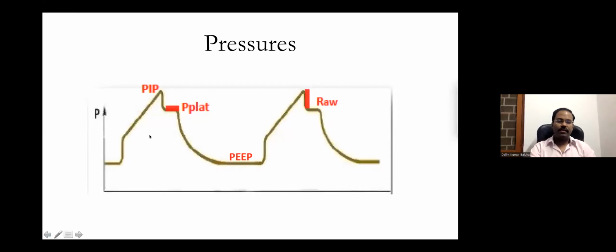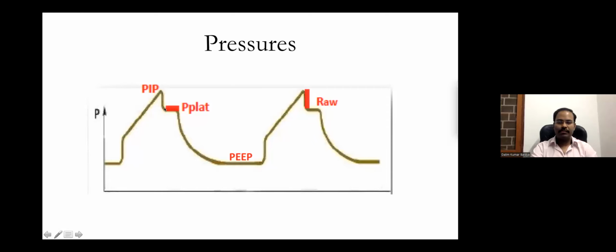So let us start with this graph. This is a very important scalar: pressure on the y-axis and time on the x-axis. This is a pressure-time scalar of a patient on volume control ventilation. During inspiration, the airway pressure rises and reaches a peak airway pressure, or peak inspiratory pressure. Then it reaches a plateau.